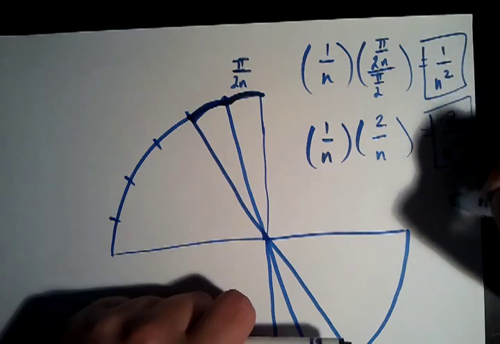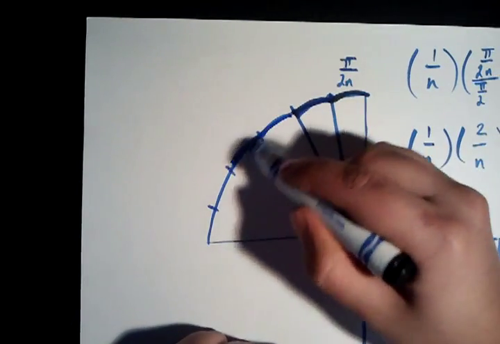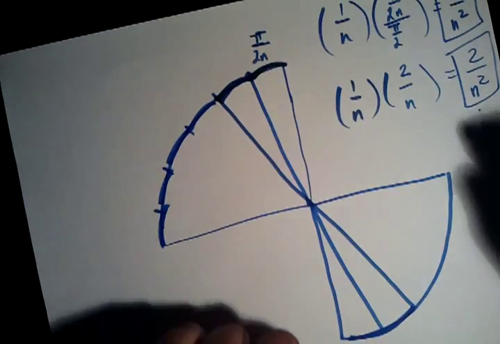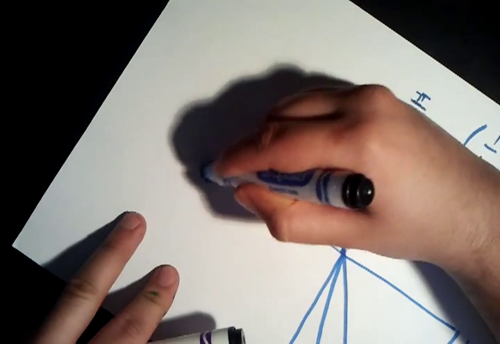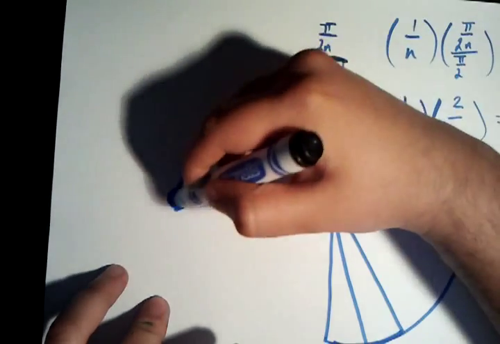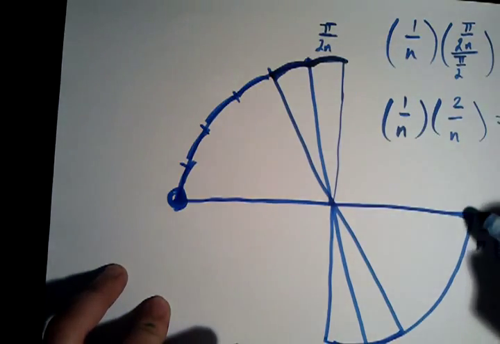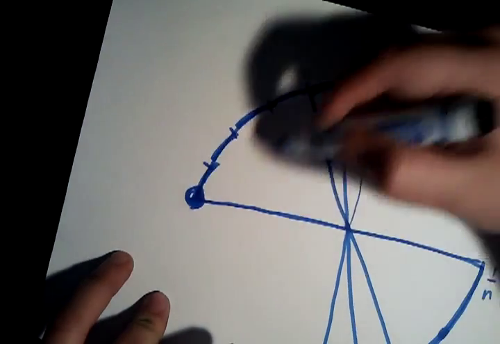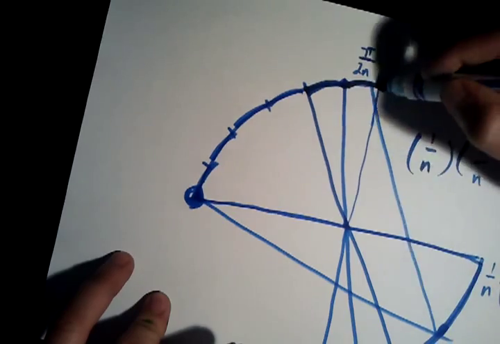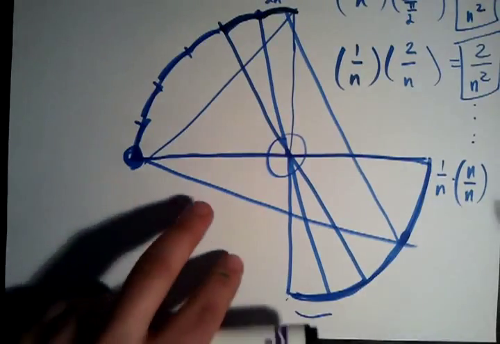And it turns out that you're going to keep going through all of these n's until you reach the last one, at which point you're going to get 1 over n times n over n, or 1. And you see that that's true because if you get to this point right here, the probability that you'll get it is all of them, because you can choose this whole range, and any one of them will contain the center.